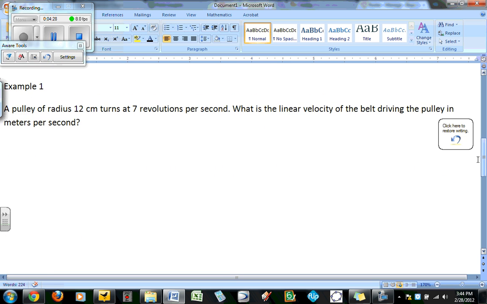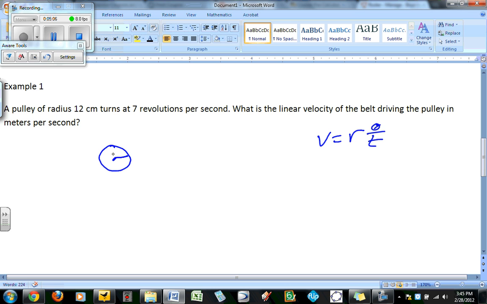Example 1 says a pulley of radius 12 centimeters turns at 7 revolutions per second. So we have a pulley here pulling something. It asks: what is the linear velocity of the belt driving the pulley in meters per second? So we're looking for linear velocity. We said linear velocity equals r times our angular velocity, and our angular velocity is the distance this thing travels per unit of time.